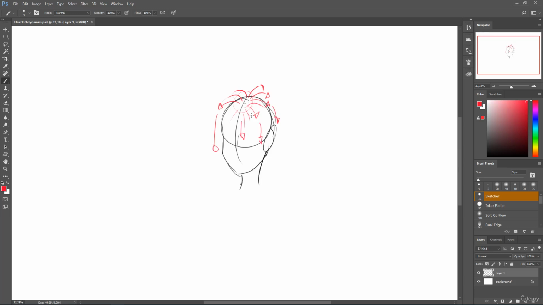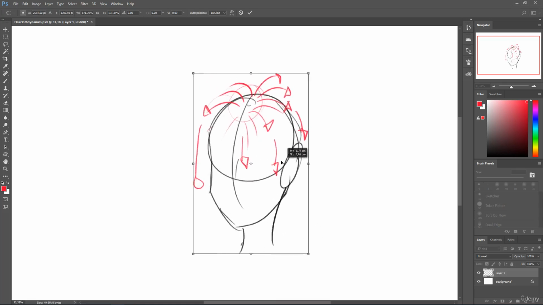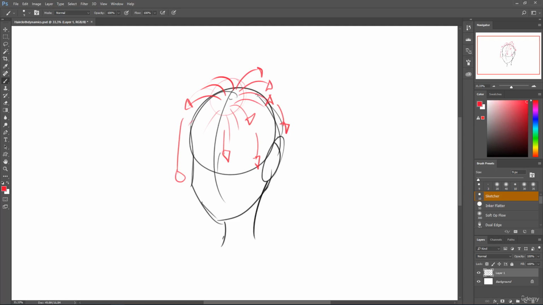So we want to keep in mind that there is this sprouting happening. You've probably seen people who will brush their hair in a particular way so that they have a middle path or a side path or what have you. That's a good example of where the sprouting can occur. So something like this might happen, where the hair is sprouting, and then it has to move back over the back of the head.